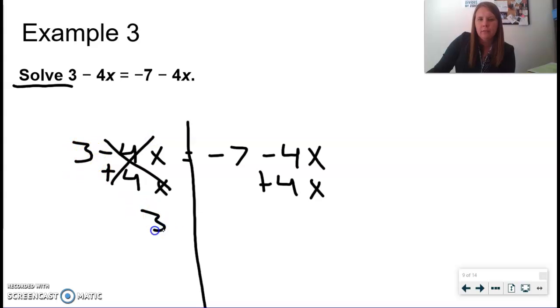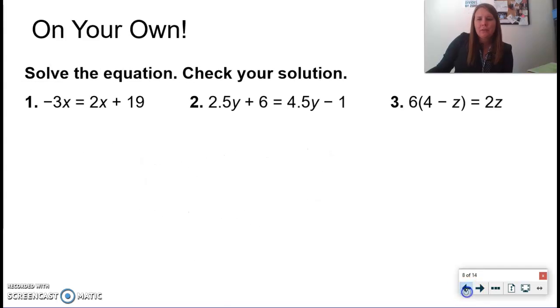So in this case, I have 3 equals -7. And then notice, look, a -4x and a +4x, don't those cancel out? So then, does 3 equal -7? No! So this is also what we were looking at back here.